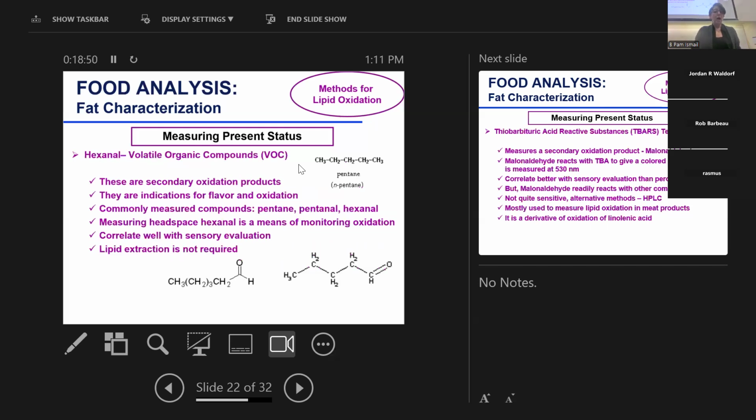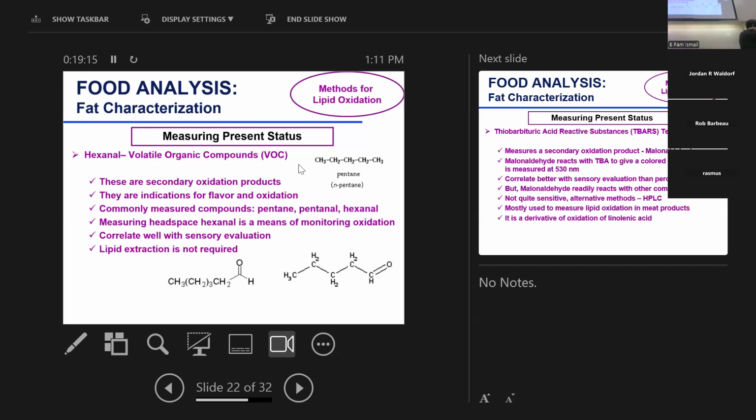Okay. Hexanal, or measuring what we call volatile organic compounds. A lot of the secondary metabolites of lipid oxidation are volatiles. So pentanal, hexanal, these are few of many that are volatiles.